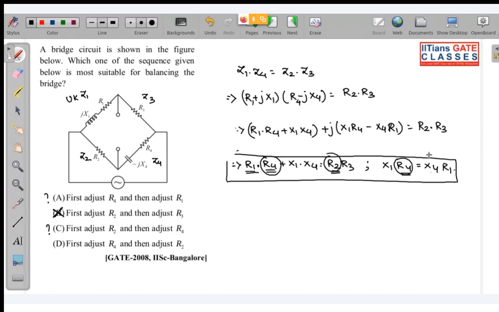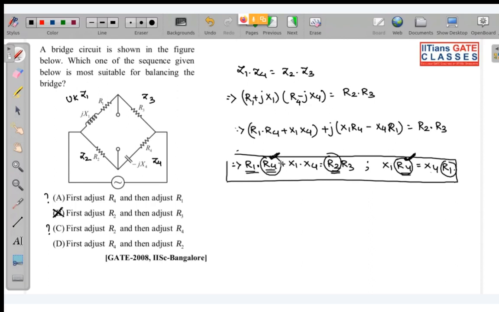Now see very carefully. When we are doing option A, what are we doing? We are manipulating these two simultaneously. Okay. And after that, we are setting this one. You can see first adjust R4, then you are adjusting R1.